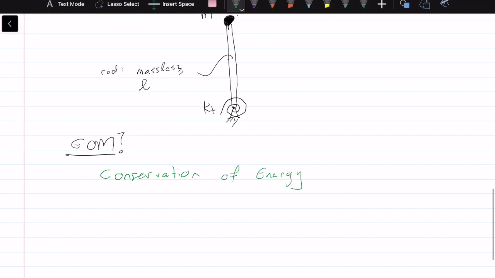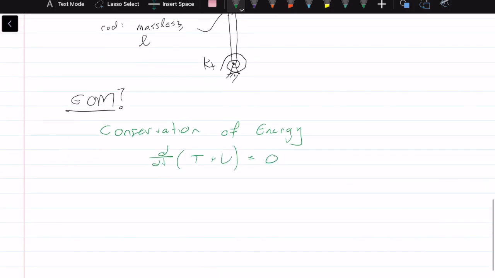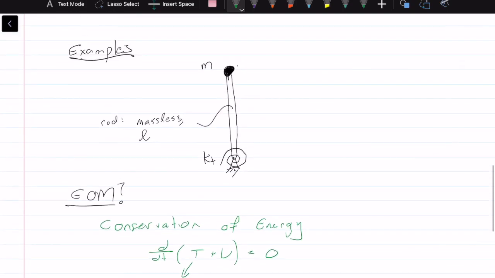Again, the conservation of energy formula is d/dt of T plus U is equal to 0. First of all, we need T, our kinetic energy. We are going to say that this system is a rotating system, because that would make the most sense. This system is rotating at an angle theta.